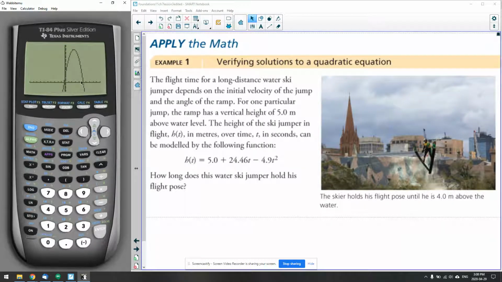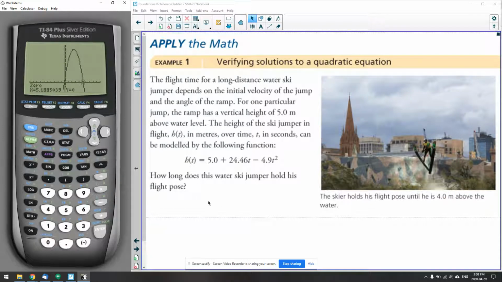So to figure it out using our calculator, we're going to go second, trace, and we're looking for the zero, not the intersect, the zero. Hit enter, and we need our left bound to be on the left side of where it crosses the axes. And we need our right bound to be somewhere on the right side of where it crosses.